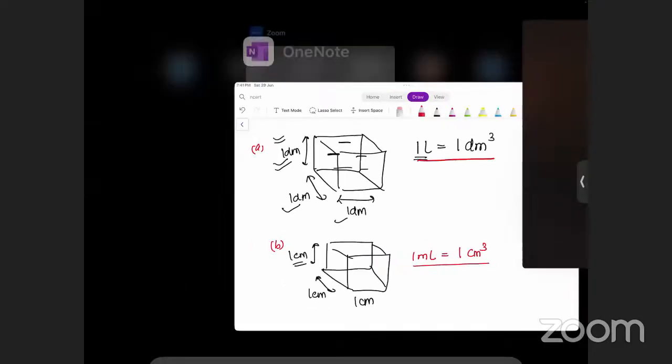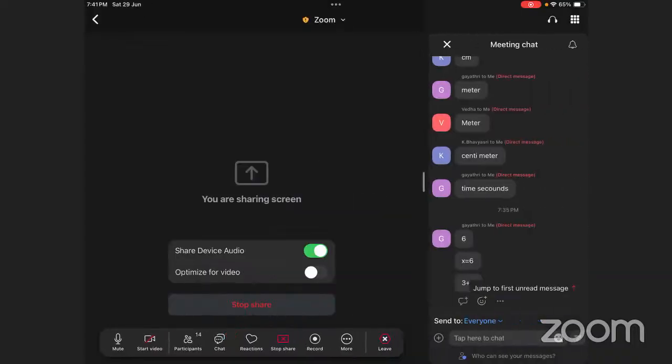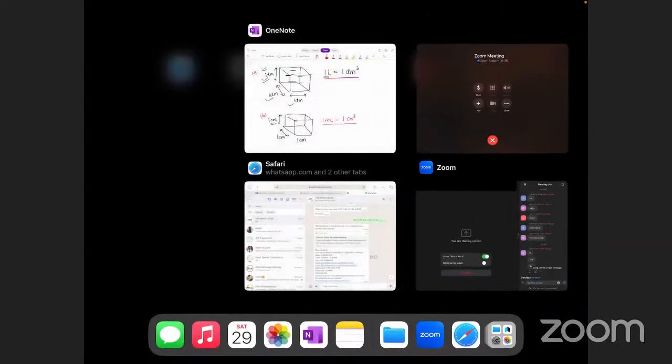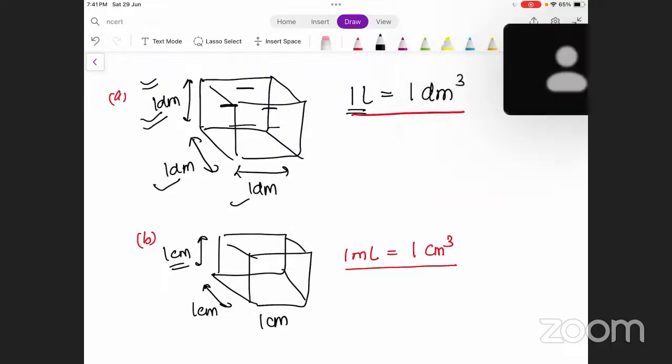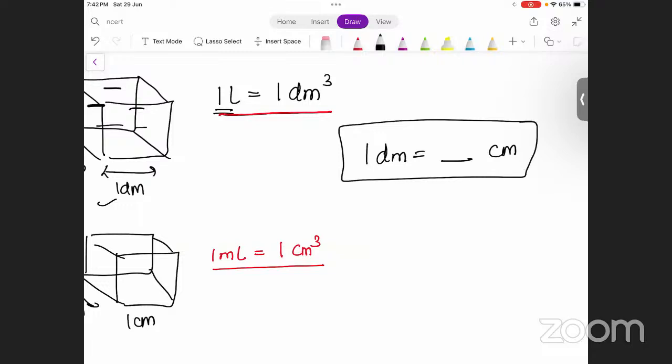So if I write here, 1 decimeter is equal to how many centimeters? Nobody is answering. You have to be quick with this.